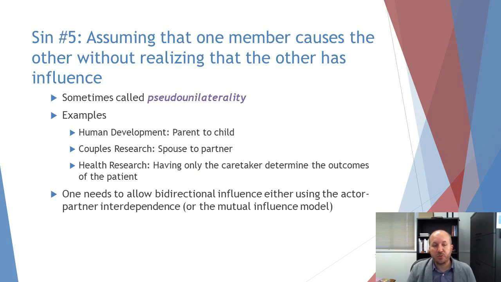You have to assume that the effects are bidirectional, that parent impacts child just as child impacts parent. Doing a dyadic analysis allows you to account for that and actually evaluate that bidirectionality through the actor-partner interdependence model.